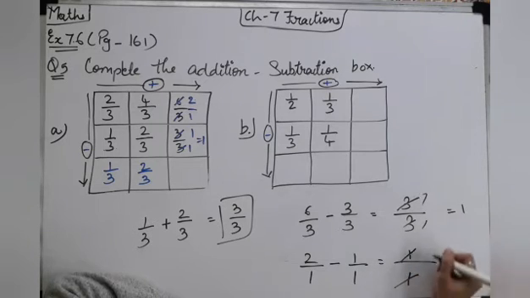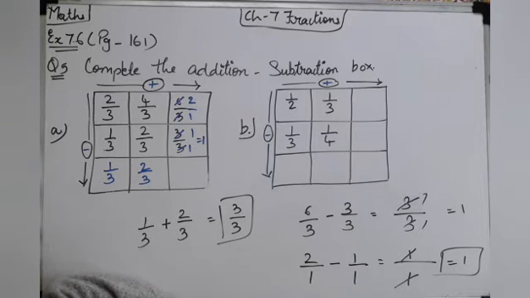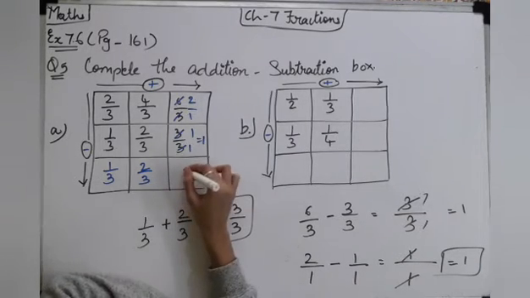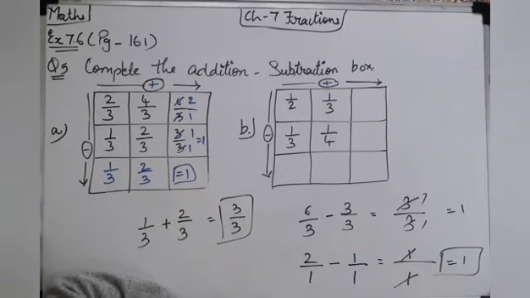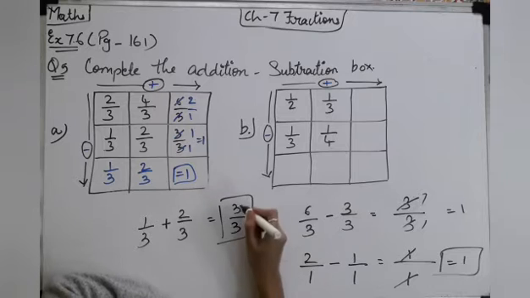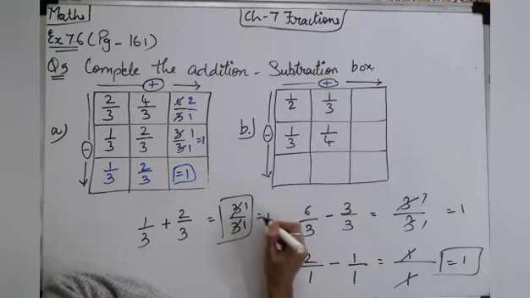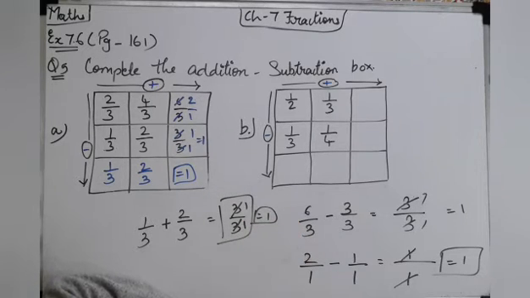Again 1 ones are 1, 1 ones are 1. So in short, the answer is coming 1 only, right? So this is your answer. See, 3 ones are 3 is equals to 1. Okay. Moving to the next.